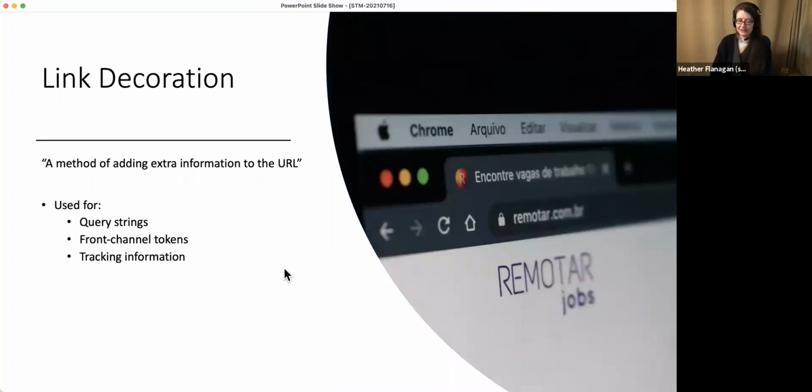Link decoration. So this, you've all seen link decoration, and I'll show you some examples later. This is when you go to a website, and then usually there's a question mark, and then more information after that. Sometimes it's UTM equals something. Sometimes it's just gobbledygook. You know, it could be any different things. And that gobbledygook, that stuff that's after the question mark, can be perfectly valid query strings.